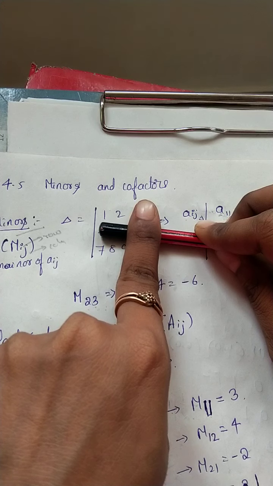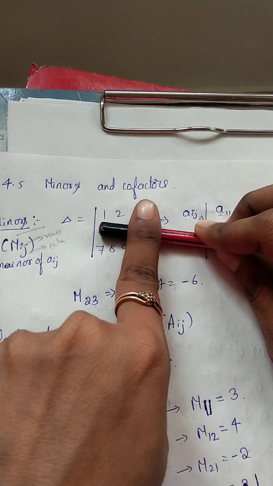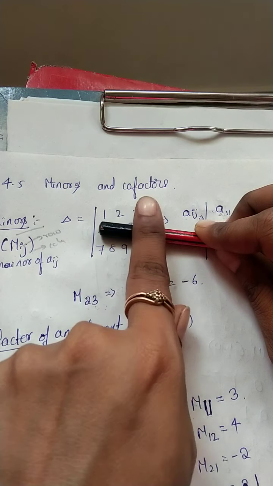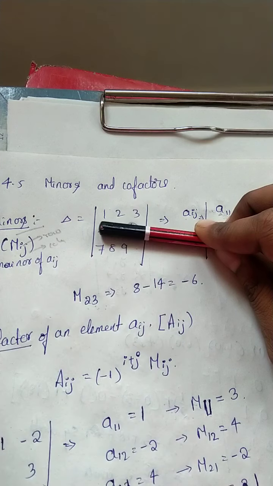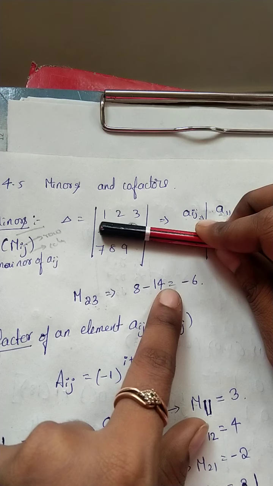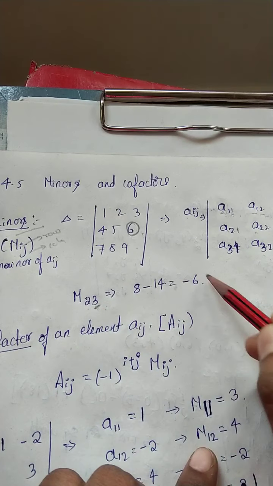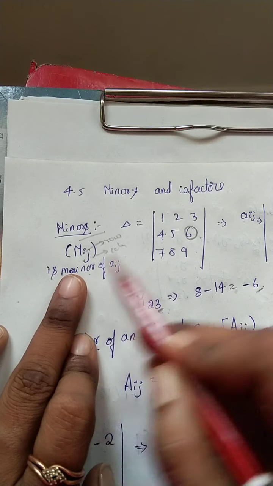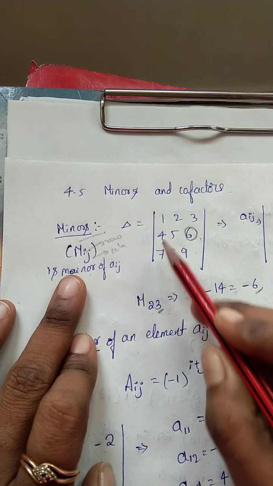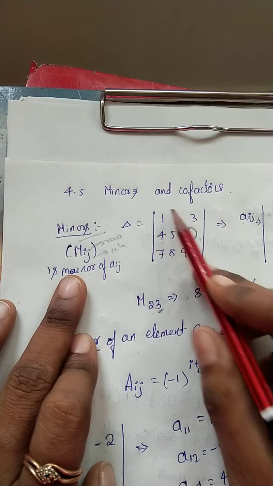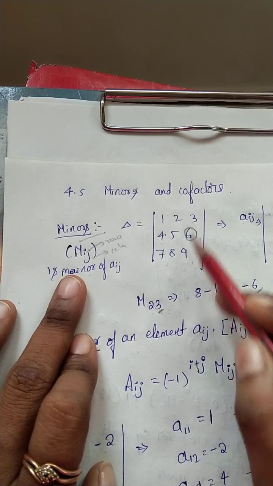So 1 into 8 is 8, minus 7 2s are 14, we have to cross multiply. So 8 minus 14 will get minus 6. So the minor value of 2 3 is minus 6. I hope you understood. Minor value means we have to eliminate that particular row and that particular column, and cross multiply the rest of the values.